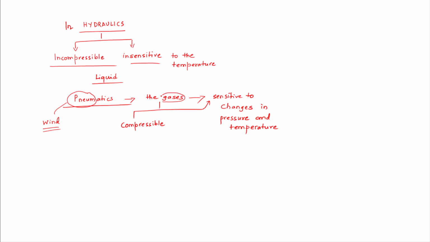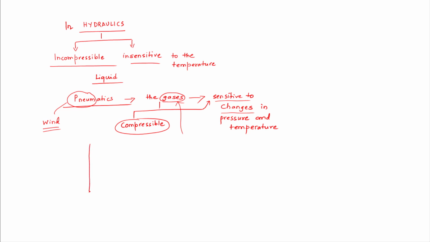So wind, as you know, contains a lot of gases which are compressible in nature, which can be compressed, and these gases are sensitive to changes in pressure and temperature. The behavior of the gases is governed by a certain law, and that law gives the relationship between the pressure and temperature. So let us understand that particular law.